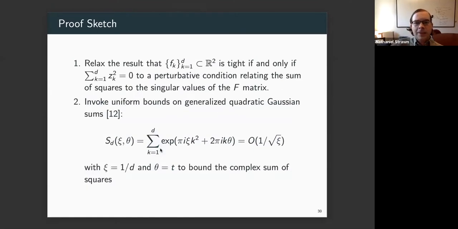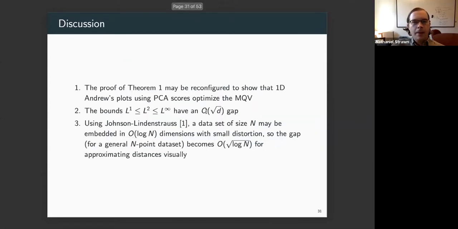So the idea is that you have to invoke uniform bounds on these generalized quadratic Gaussian sums that are available in this paper by Paris. There he does this asymptotic expansion, and he bounds this error term. So really the hard work was done for me. I just had to find his paper and figure out what it all meant.